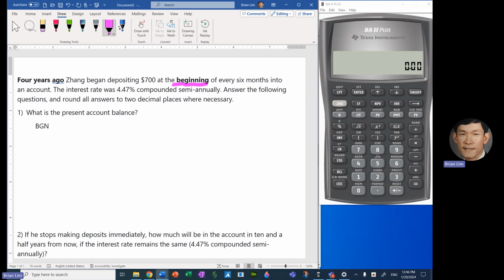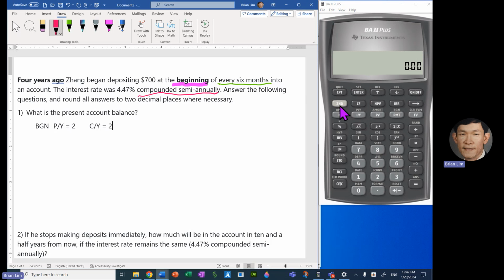Next, what do we have? Well, the deposits are made every 6 months. So that tells us that PY is equal to 2. Now, also, we see down here that the compounding is semi-annually. So that tells us that CY is equal to 2.